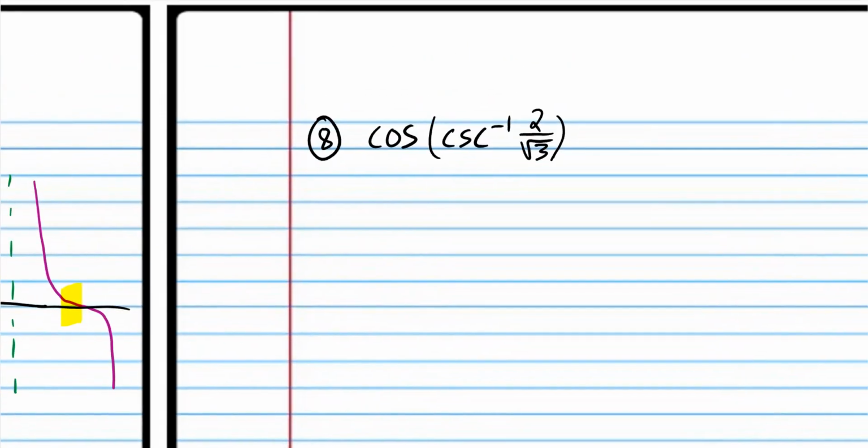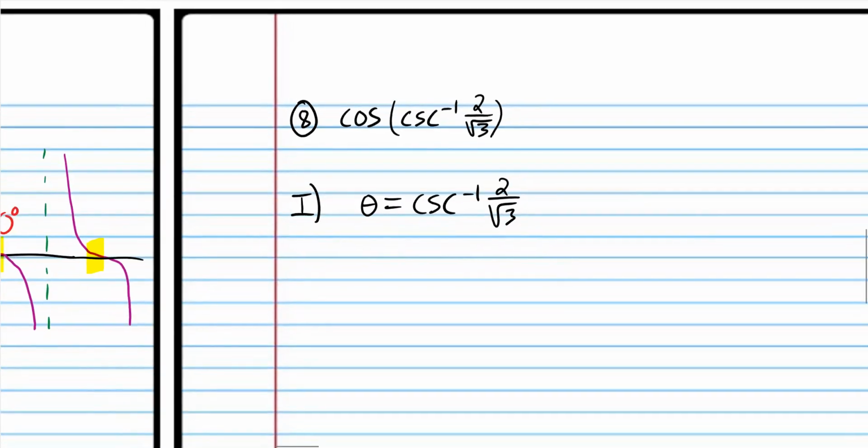Okay, we're back. We want to find the value of the inside expression, but the problem is we don't know what that notation even means. So we're going to set it equal to theta, and this is the button that you would push in your calculator if you were trying to solve this equation.